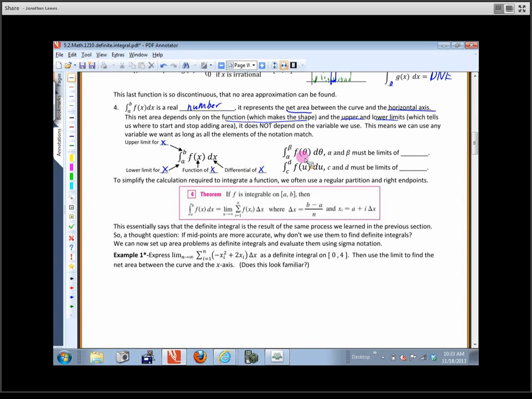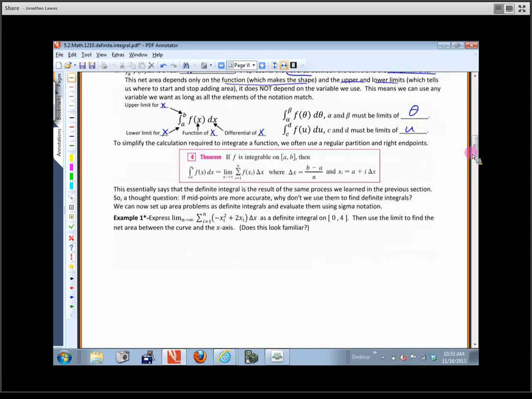But if this is f of theta, everything else has to be in terms of theta. So probably like a trig function or something like that, although it wouldn't have to be. If this is in terms of u, everything else has to be in terms of u. The limits, upper and lower limits, have to be in terms of u, and the constant, the differential, has to be in terms of c.